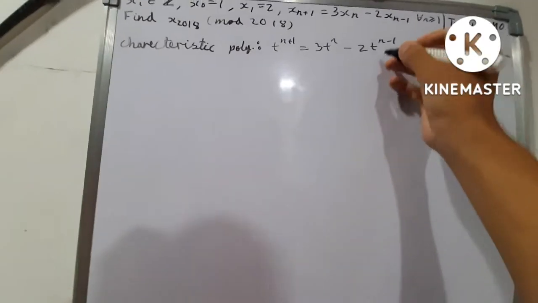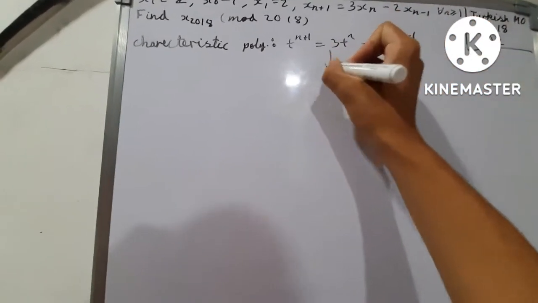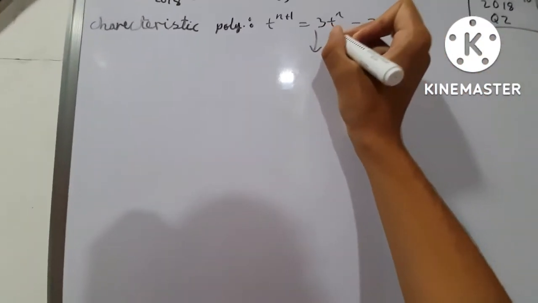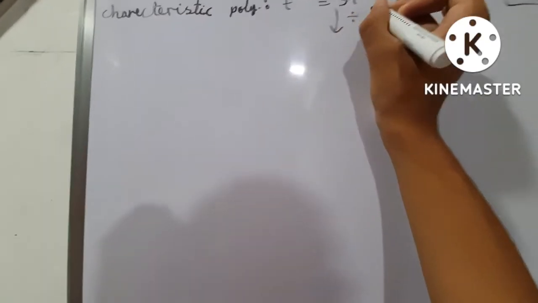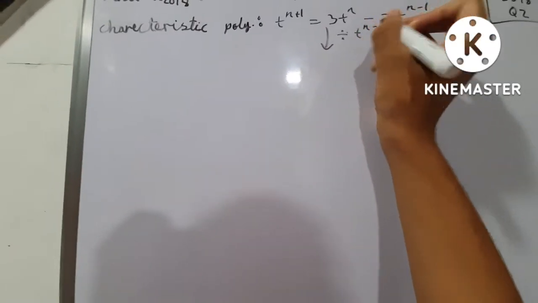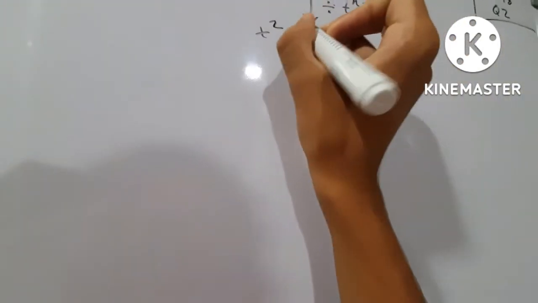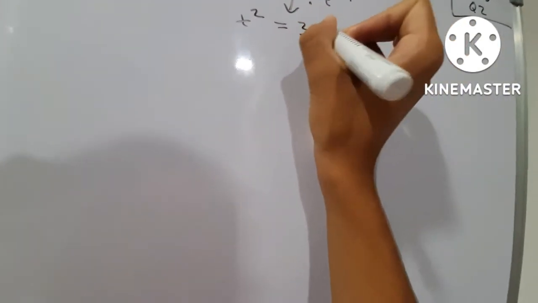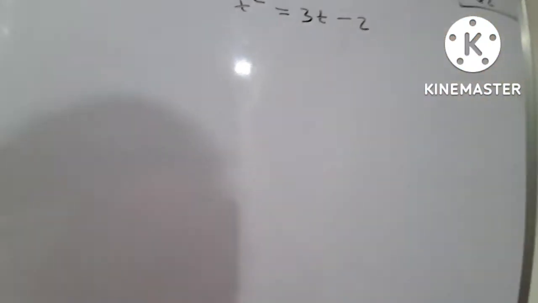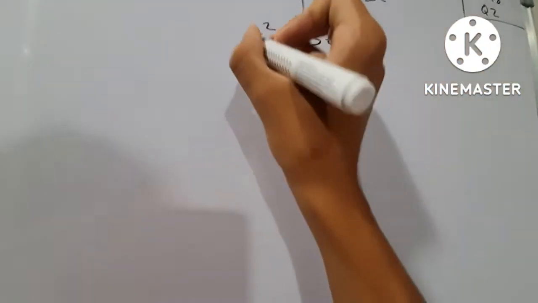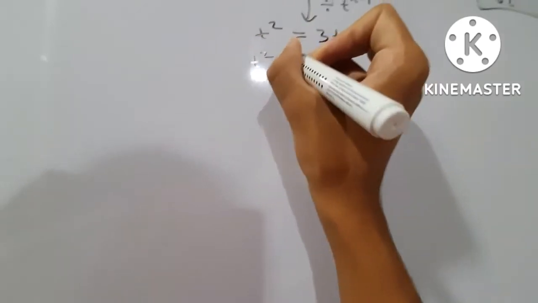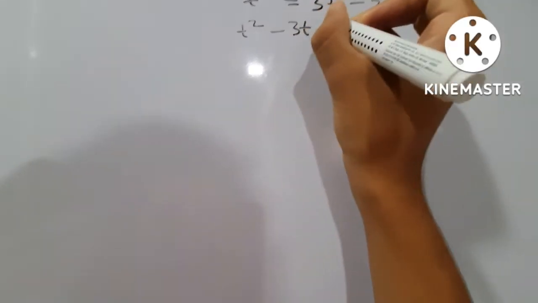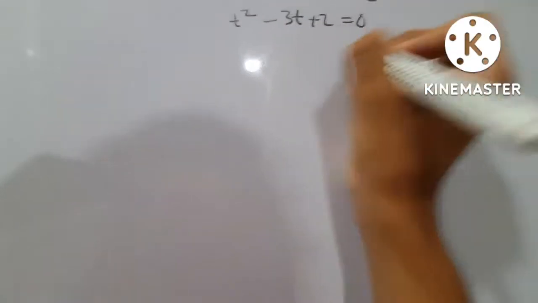Anyways, we divide the whole equation by t^(n-1), so we get t squared equals 3t minus 2. Then we move everything to the left-hand side: t squared minus 3t plus 2 equals 0.